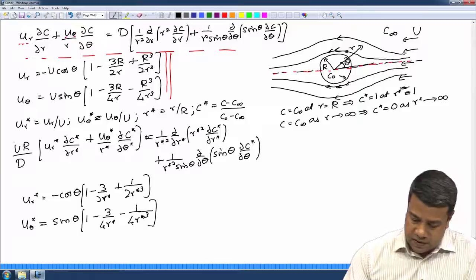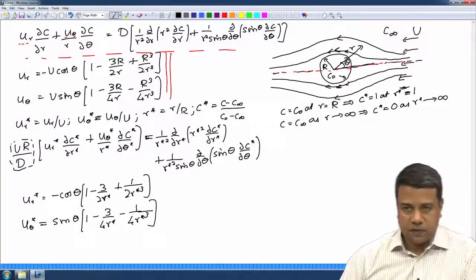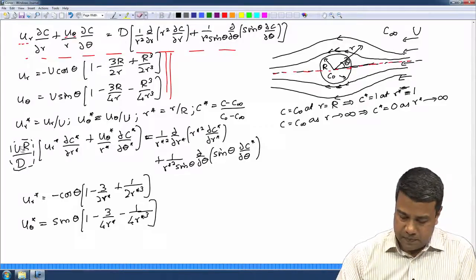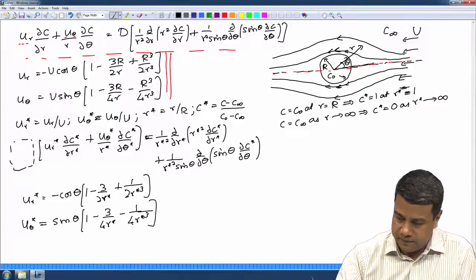And of course, this is the Peclet number: U R by D is the Peclet number for mass transfer.